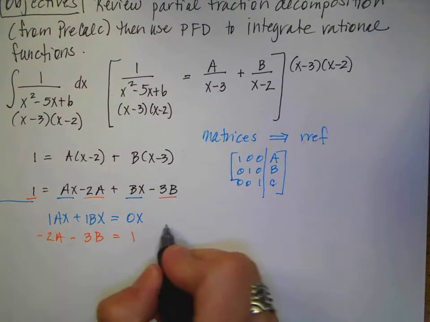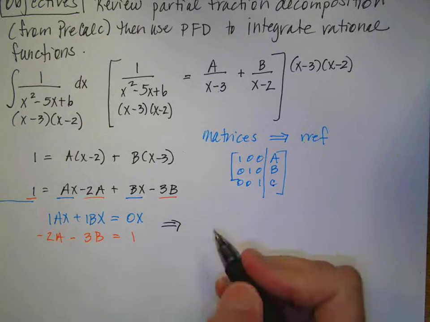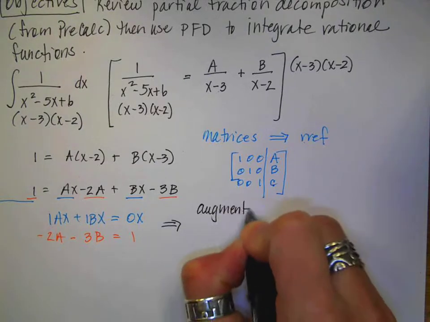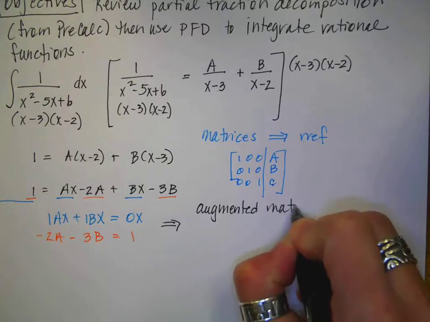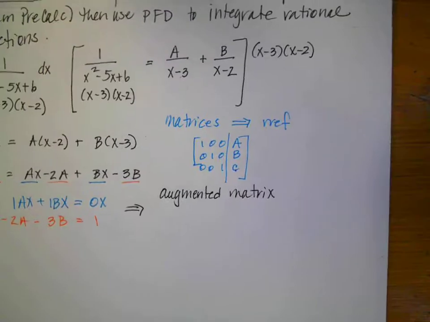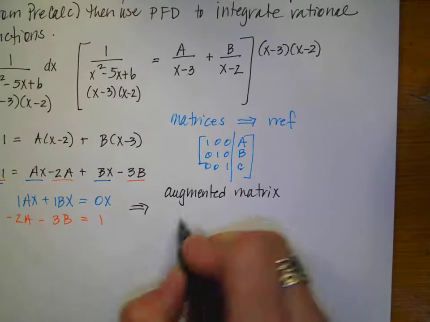And then I'm going to take this information and I'm going to turn it into an augmented matrix. And if you'll remember, an augmented matrix is just a matrix that reflects the coefficients. Remember, they all have to be in the same order, and it has the solutions included in the matrix. So that's what makes it an augmented matrix.